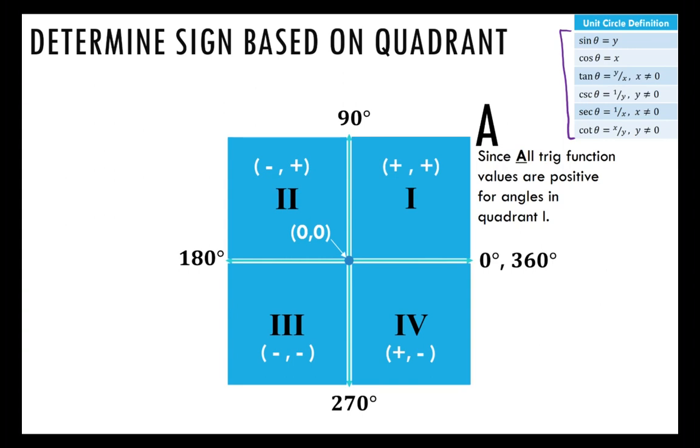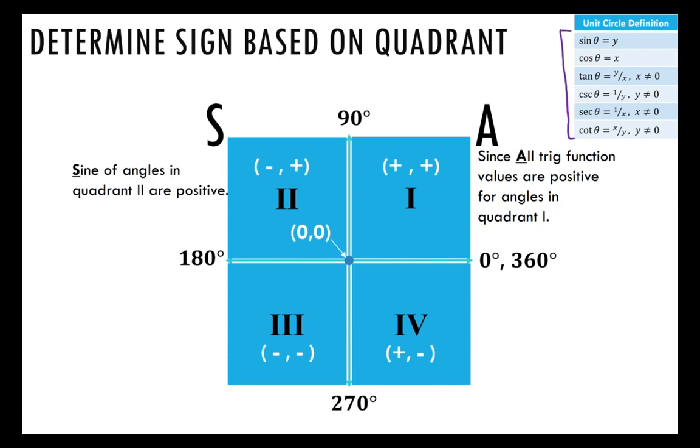So in quadrant 1, all the trig values are positive because, of course, y is positive, x is positive, and x and y being divided is still positive. Well, then you get to quadrant 2, and in quadrant 2 the x's are negative, which means cosine, tangent, secant, and cotangent should be negative.